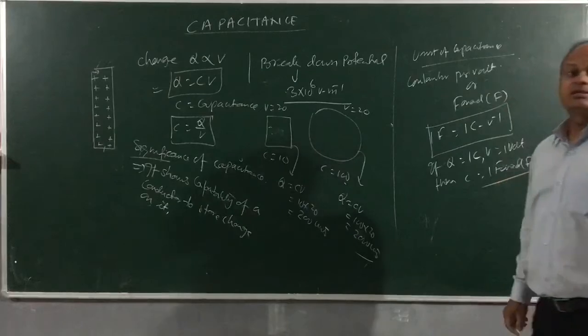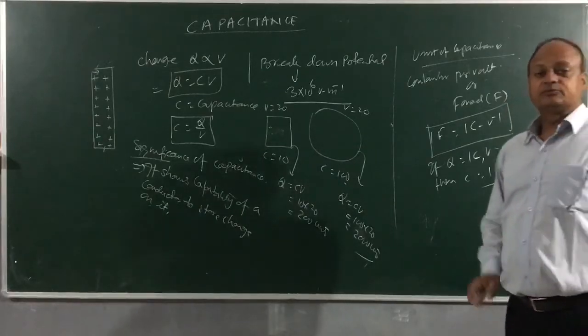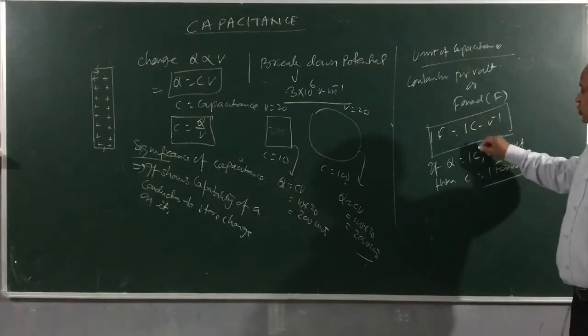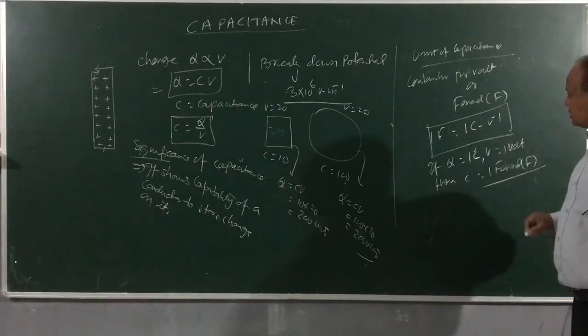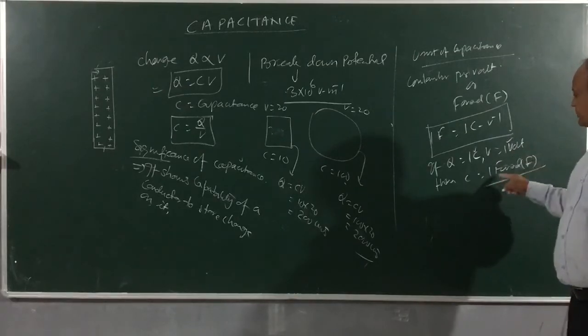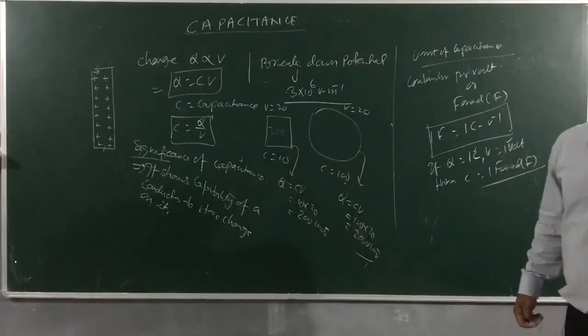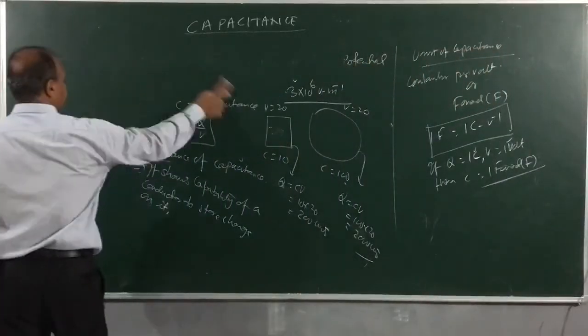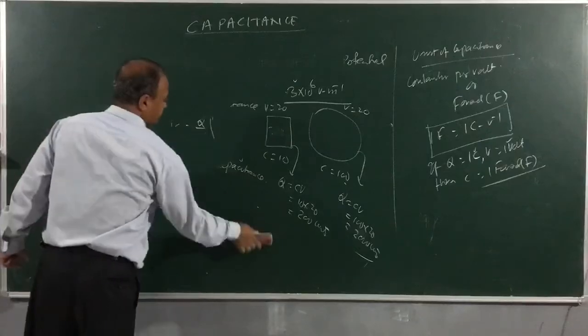So what does it mean? It means if a conductor can store 1 coulomb of charge when it is maintained at a potential of 1 volt, then its capacitance is how much? 1 farad. Okay? So let's write this.